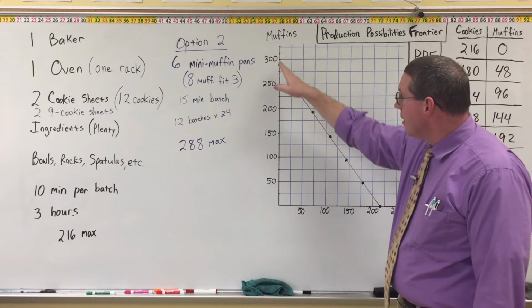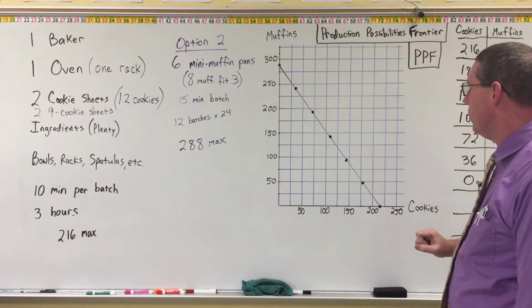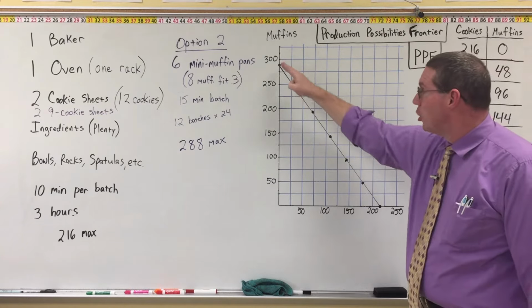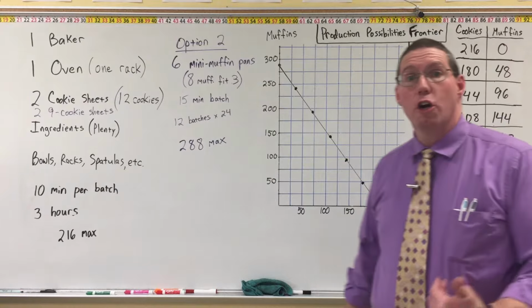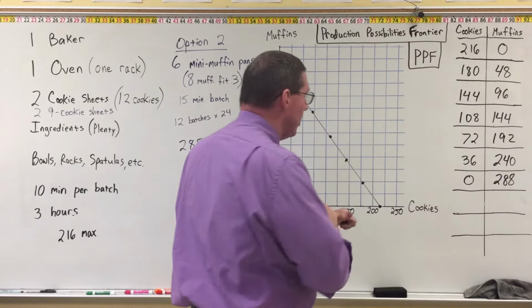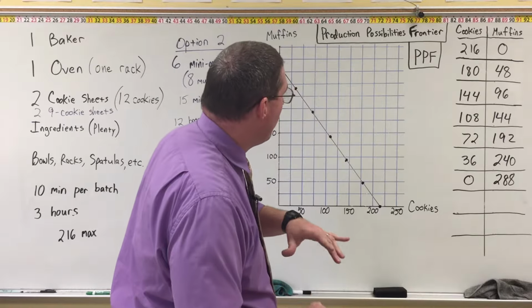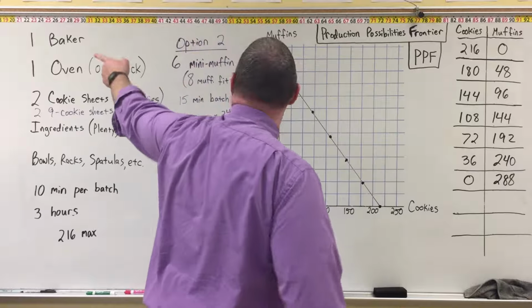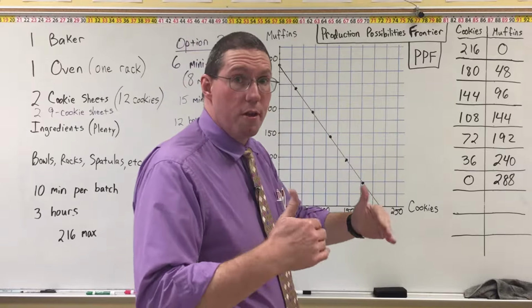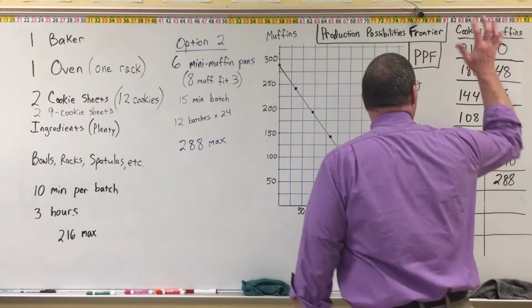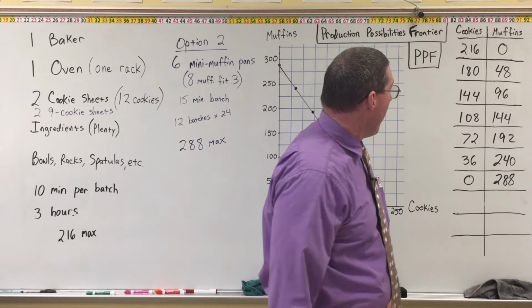Now, technically speaking, this is not the production possibilities frontier, because the production possibilities frontier is not a straight line. It's actually a curved line. But I wanted to get you started, and I wanted to get you to understand this idea that every time that baker approaches the kitchen with 3 hours to bake, this is the decision that that baker has to make.